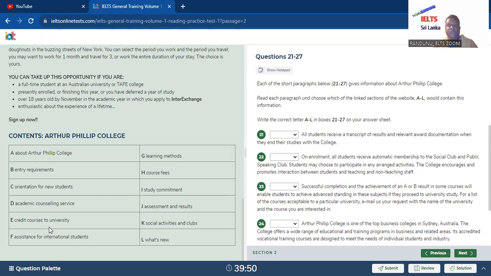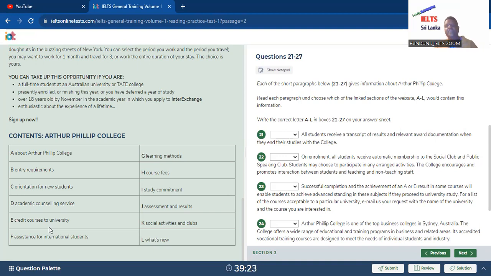How much is the course fee? I, study commitment. Study commitment means what are the minimum requirements in your study? How many days you have to participate in classes, class attendance, right? How many lectures you have to cover, and so on. What are your commitments for studies?